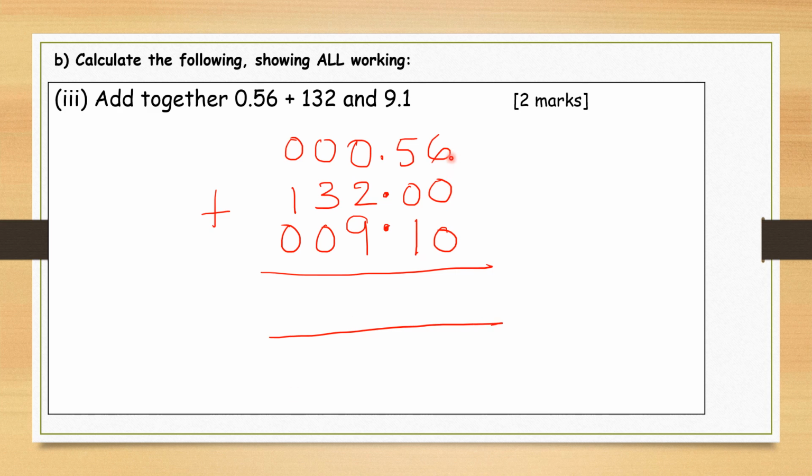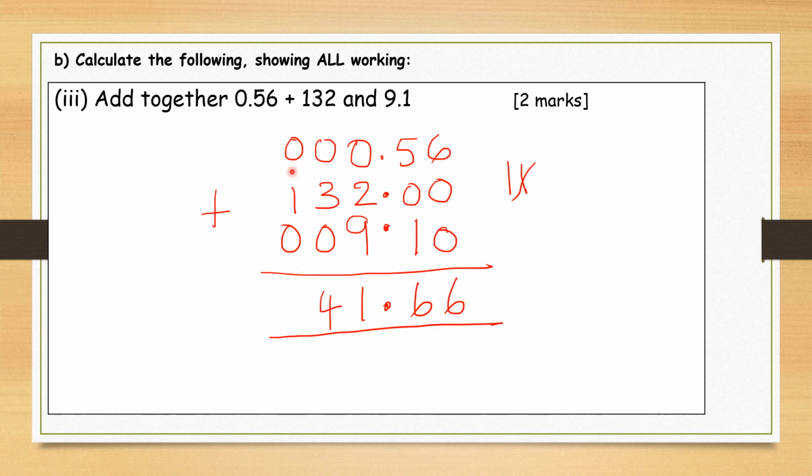So 6 plus 0 plus 0, that's going to give me a 6. 5 plus 0 plus 1, that's going to give me 6 point. 2 plus 9 plus 0, that's 11. Place my 1 on the outside, cross it off. 3 plus 0 plus 0 plus this 1 would give me 4.